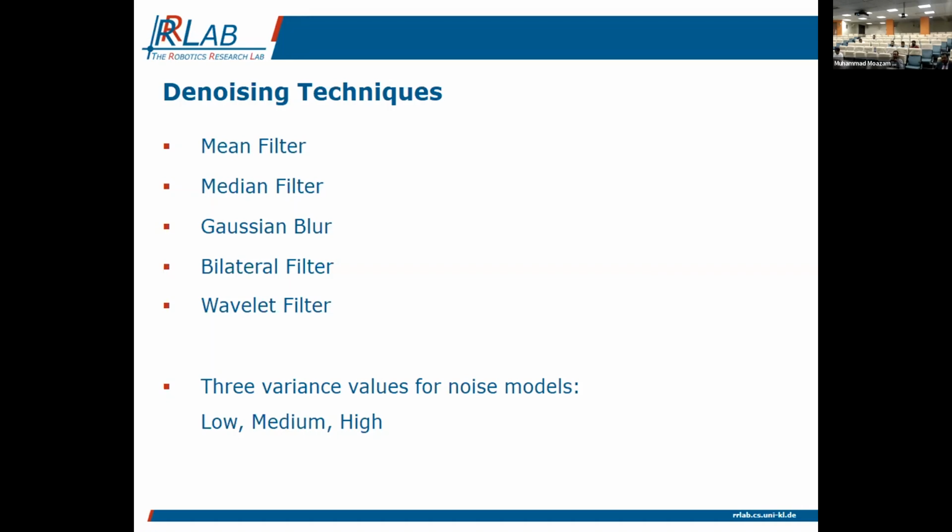And the wavelet filter in particular is interesting because it's frequency based. Unfortunately, I don't have the slide for this, but if you're familiar with the Fourier transform, that takes your image and divides it into frequencies.